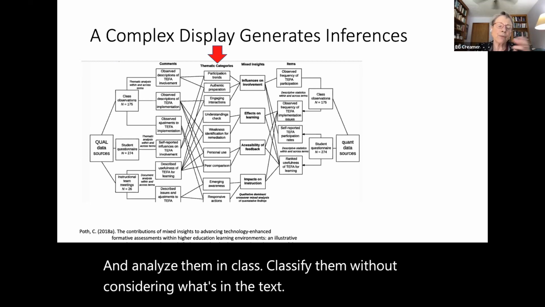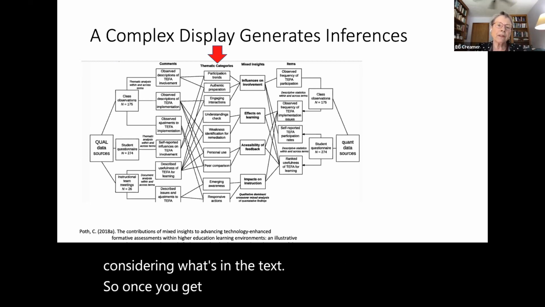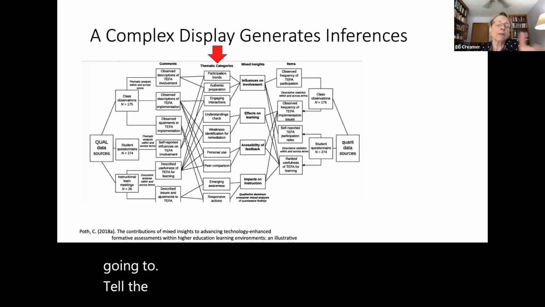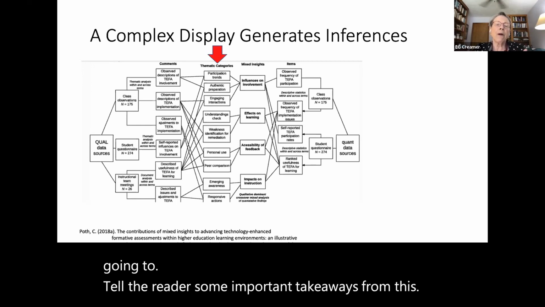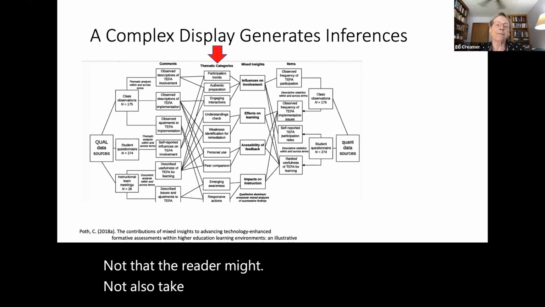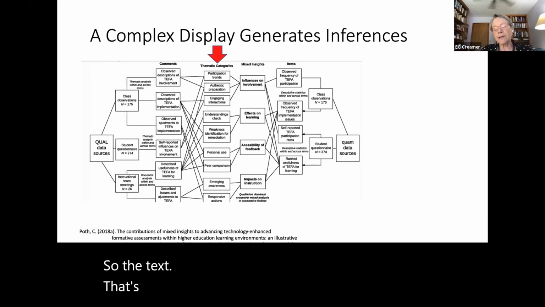So once you get to reporting, it's expected that you're going to tell the reader some important takeaways from this, not that the reader might not also take more away. So the text that surrounds a table like this is very important.